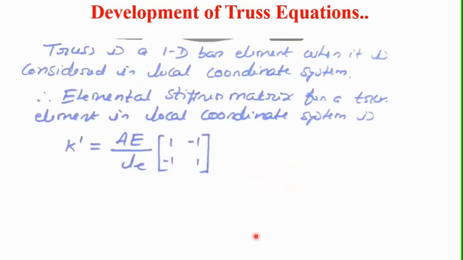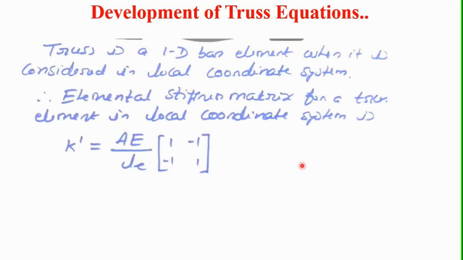Now here we are going to calculate the elemental equation for the truss members. In the local coordinate system, this truss is assumed to be a 1D bar element.